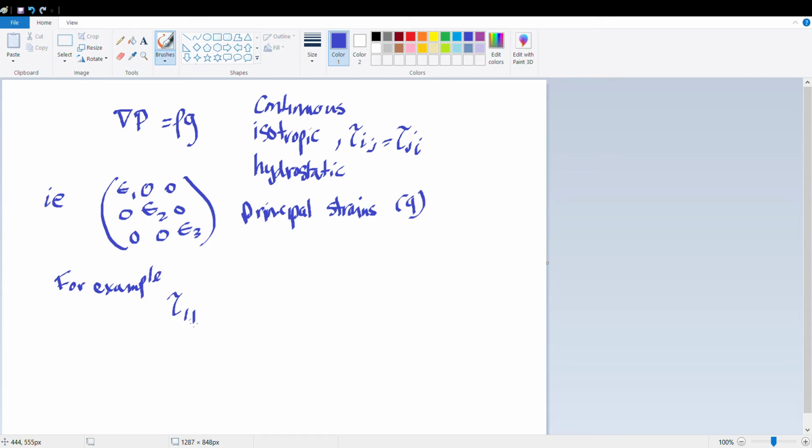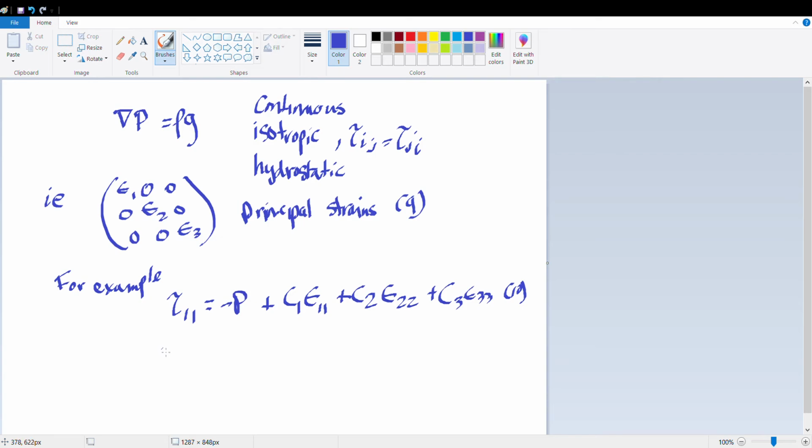Normally 1 is x, so this would be tau xx equal to minus p plus, since we do have stresses on the other faces, C1 times the strain rate on the xx face, or the 1,1 face, plus a constant 2 times the strain rate on the yy face, plus a constant 3 times the strain rate on the zz, or the 3,3 face. We're going to call that equation 10.